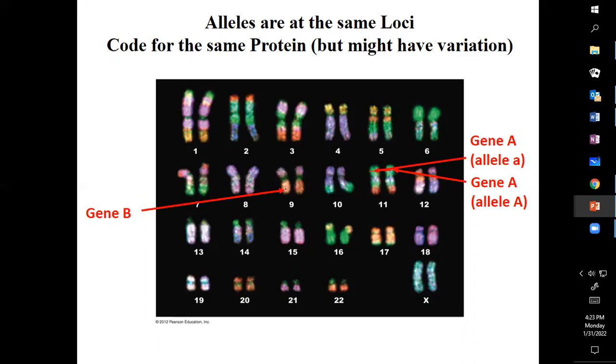Different genes have different physical locations. So for example, this is where the human ABO blood type locus is located. We inherit 1 copy from mom, 1 copy from dad. This is where one of the globin genes, one of the genes that codes for hemoglobin, is located here. 1 copy from mom, 1 copy from dad. There are different genes, but you might have different alleles of the same gene.